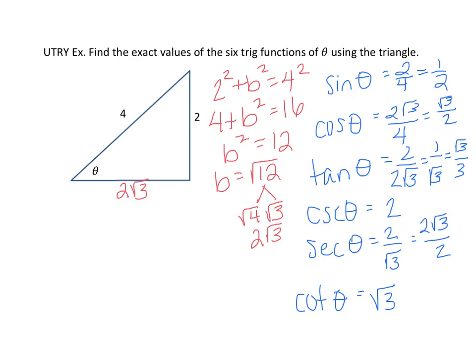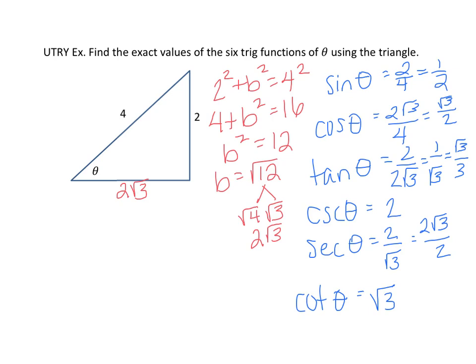So when sine is 2 over 4, we need to make sure we reduce that to 1/2. Cosine, 2 radical 3 over 4, make sure we reduce the 2 and the 4 to 1 over 2. Tangent, 2 over 2 radical 3, the 2's reduce, 1 over radical 3, rationalize it, you get radical 3 over 3.